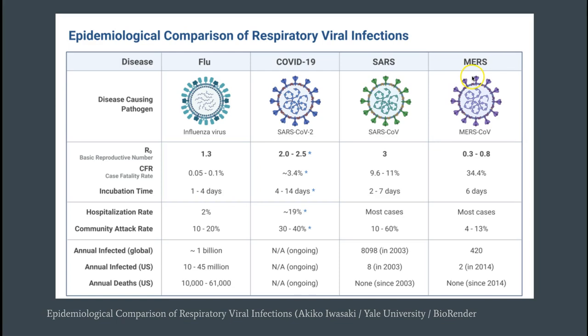MERS, Middle East respiratory syndrome, originated in 2012 and continues to cause sporadic outbreaks, although cases have been progressively declining since 2016, and there are very few cases each year. I think it's less than 10. And then the third novel coronavirus is obviously what we're dealing with right now. WHO declared this a pandemic on March 11th, I believe. It originated in China and is widespread around the world right now.